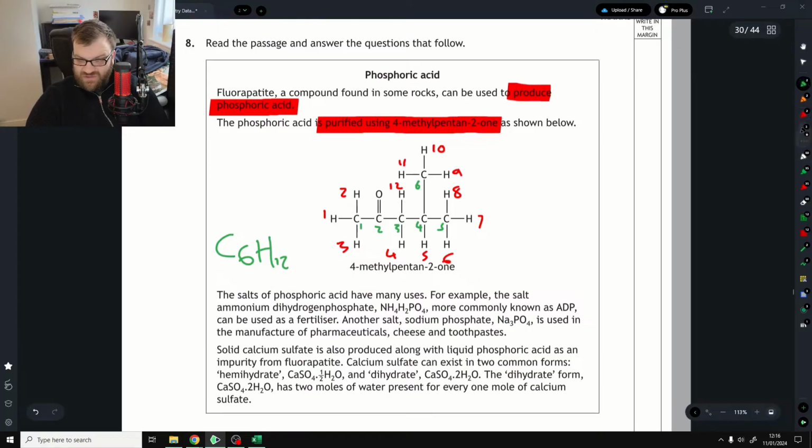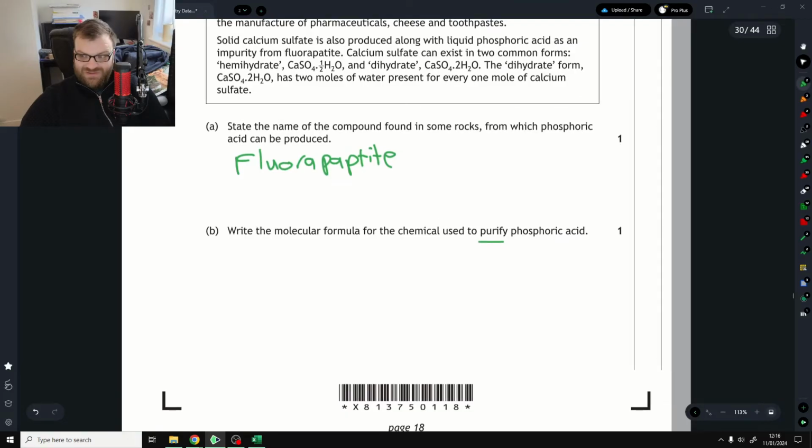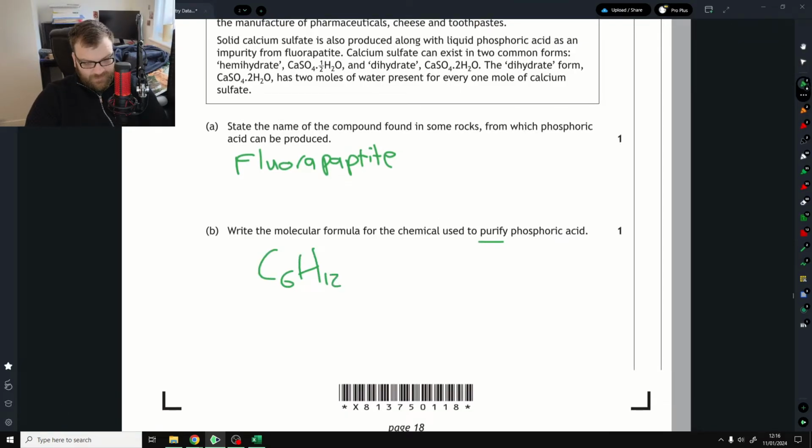And we have just got the 1 oxygen. So C6H12O would be the correct answer there. Watch when you're counting, sometimes it is very, very easy to count the same hydrogen or the same carbon twice. Do it a couple of times, just make sure you don't double count. We have got C6H12O for our answer.